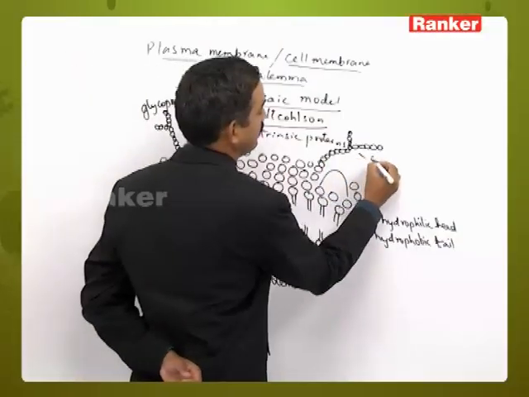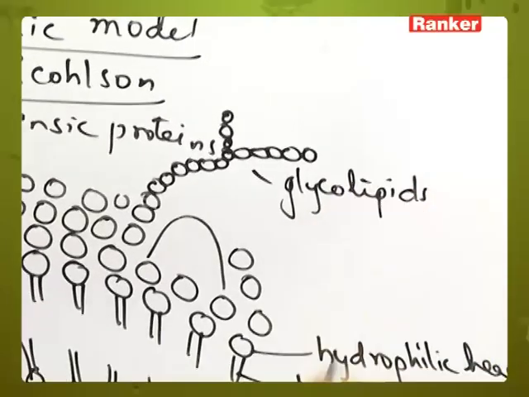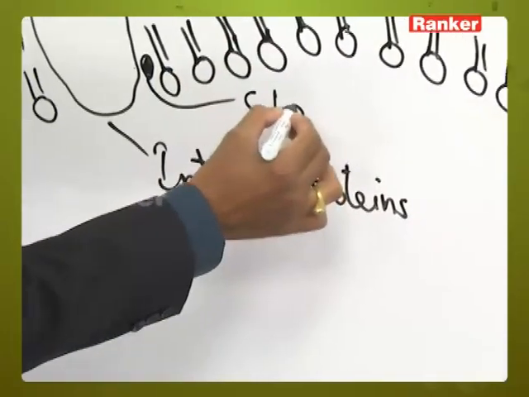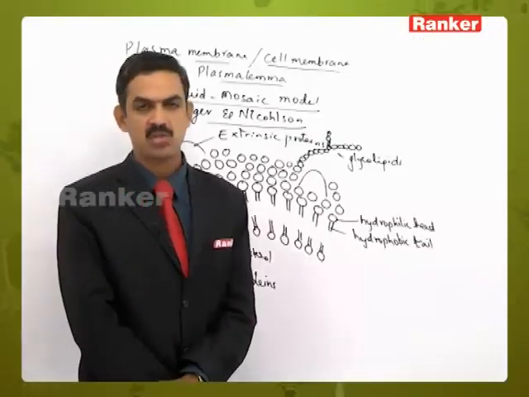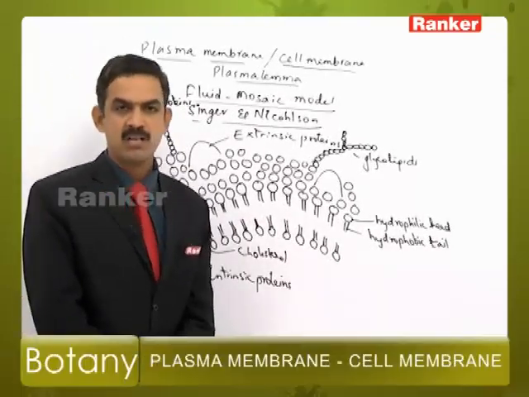Apart from that, here and there we can see other substances like cholesterol. So various other structures have also been observed in the fluid mosaic pattern of the plasma membrane.